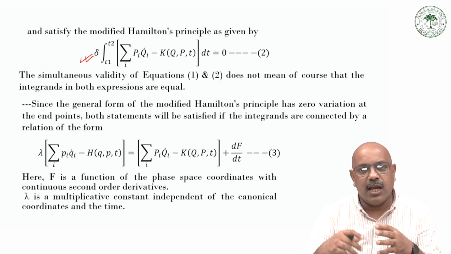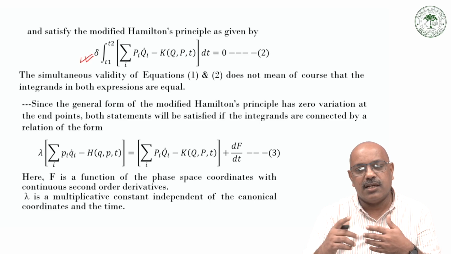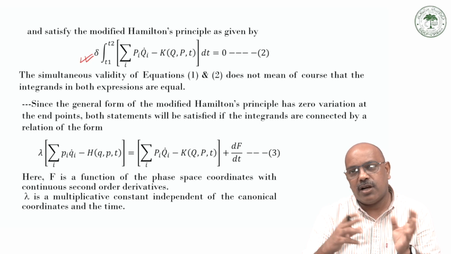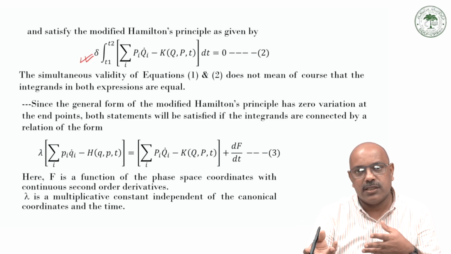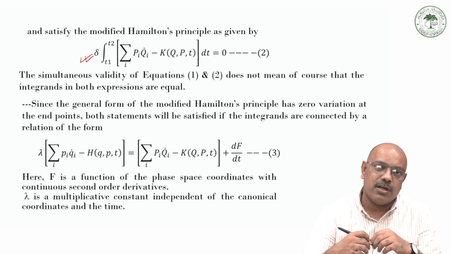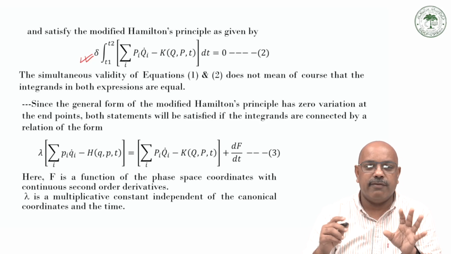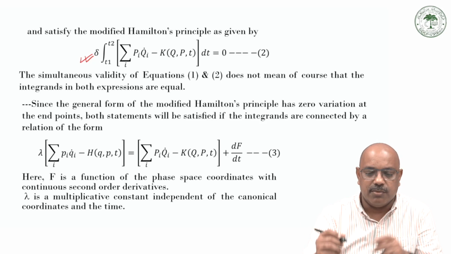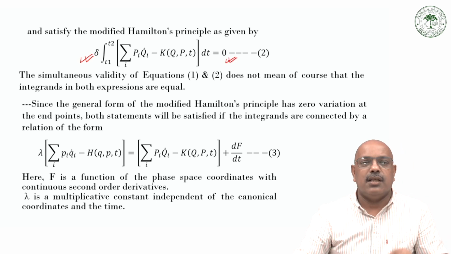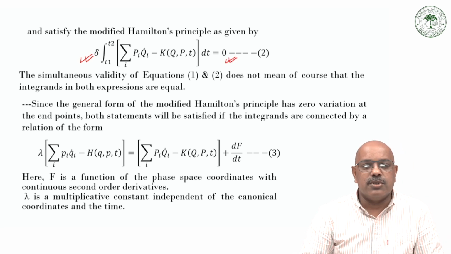The basic idea of transforming is to make, through a transformation into the new coordinates, the new generalized coordinate cyclic in the Hamiltonian. Okay, since the modified Hamilton's principle has zero variation, the delta has to be zero.